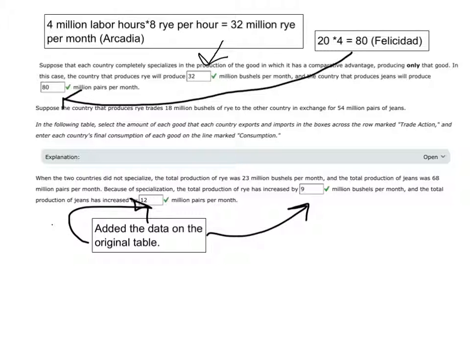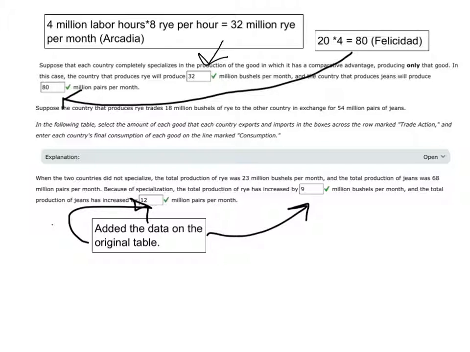So what happens if our countries specialize? They have 4 million labor hours apiece. It said that earlier in the problem. So the country that has a comparative advantage produces only the good that they have the comparative advantage in, and we end up with 32 million bushels per month of rye and 80 million pairs per month of jeans.